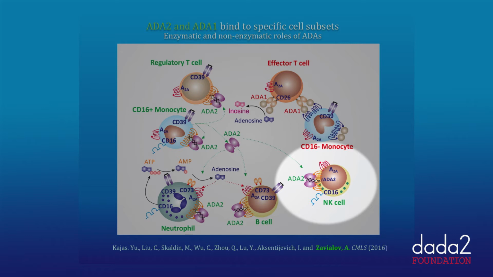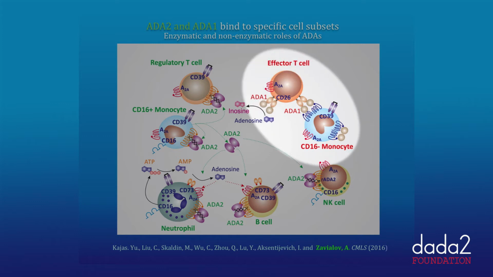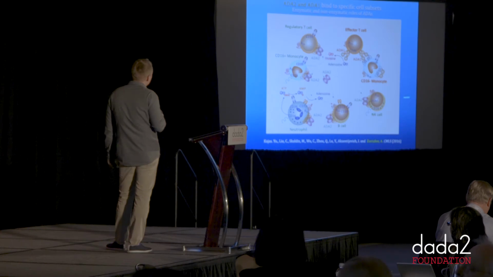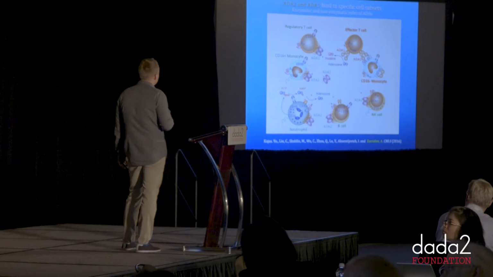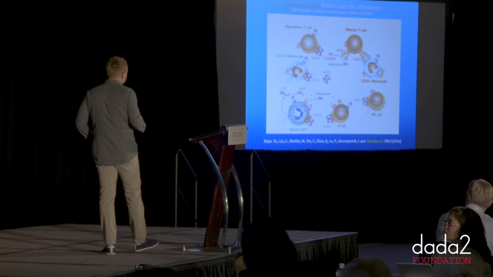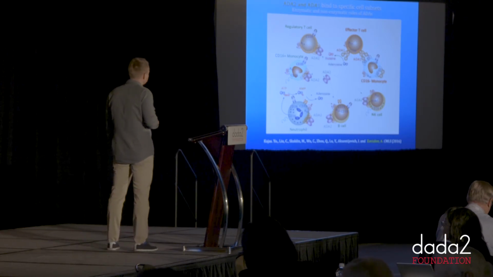AD1 is mainly present inside of cells, but it can also be found on the surface of effector T cells, and it may participate in bridging myeloid cells, say dendritic cells, and T cells, but it's not proved yet. We actually don't know exactly what the receptor for AD1 or AD2 on monocytes is. It could be an adenosine receptor or some other receptor.